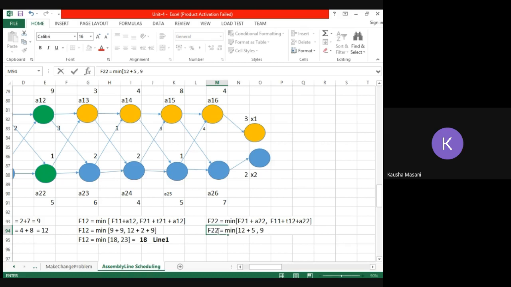F11 value 9, plus coming to that station it is 2, plus A22 is 5. 12 plus 5 is 17, and this is 14 and 16.